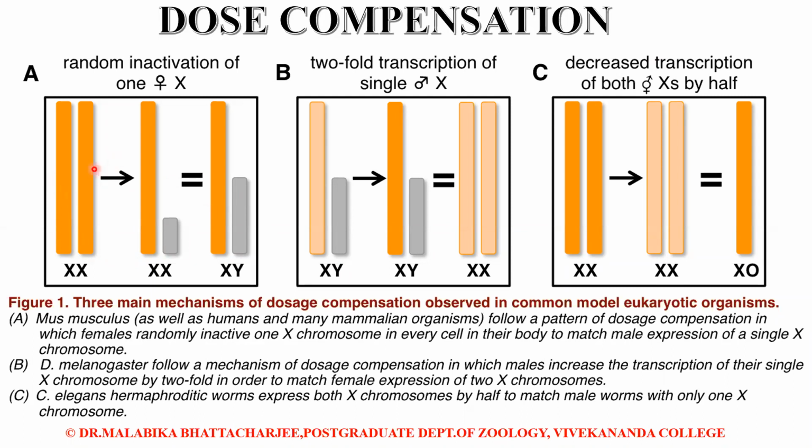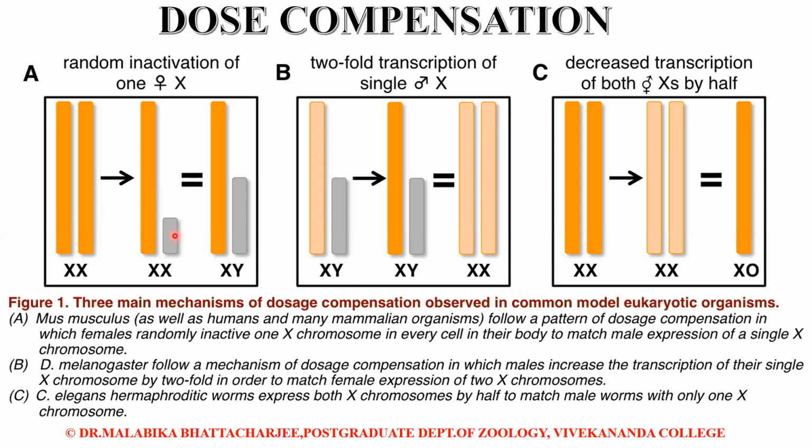In case of humans, what happens? One of the X chromosomes of the female is randomly inactivated in every cell in the body to match the male expression of a single X. So any one of these two X chromosomes is randomly inactivated.